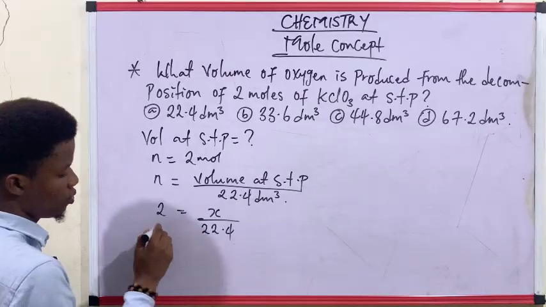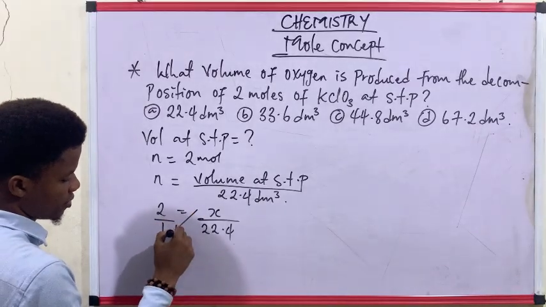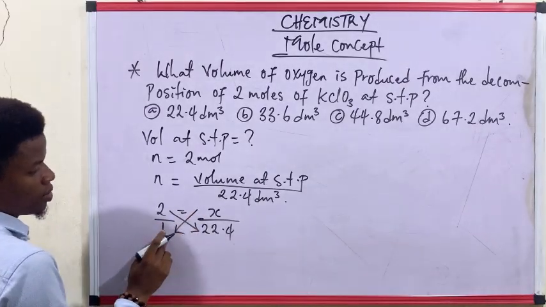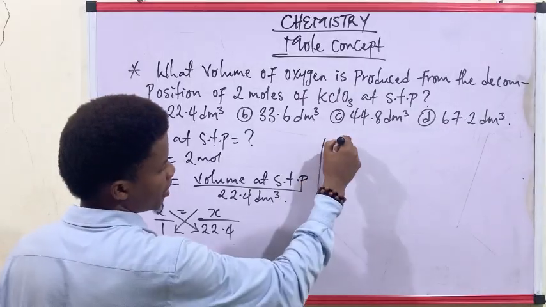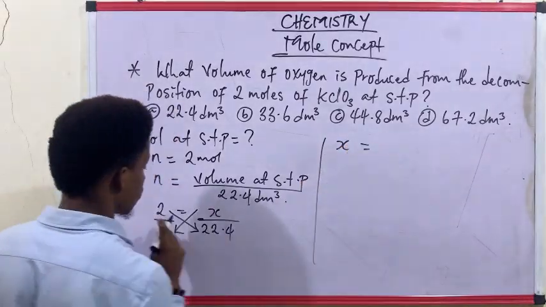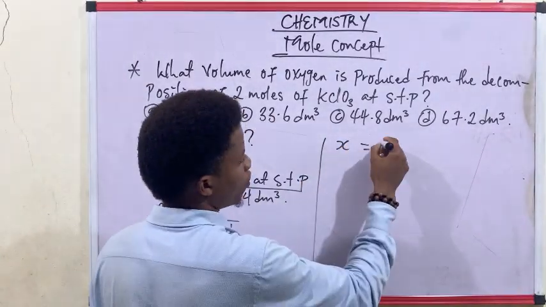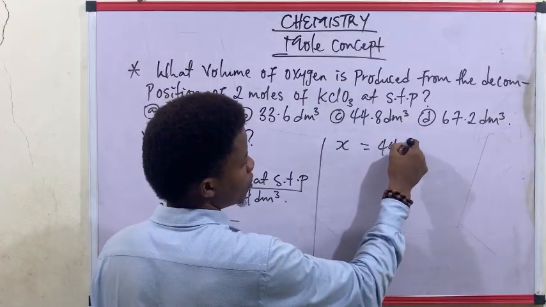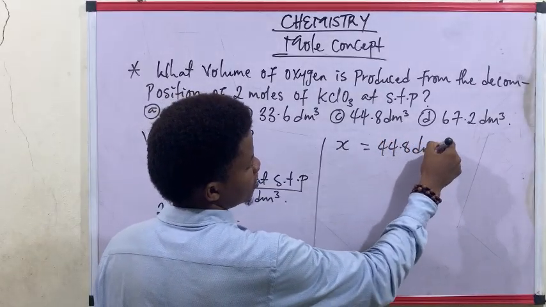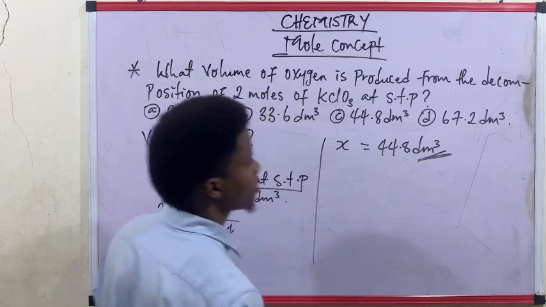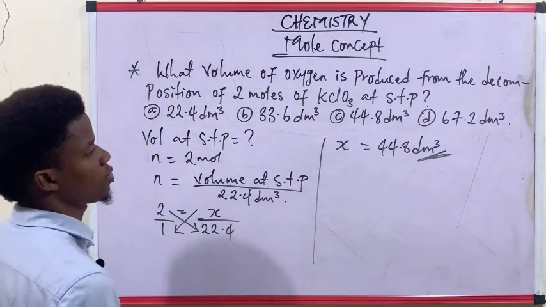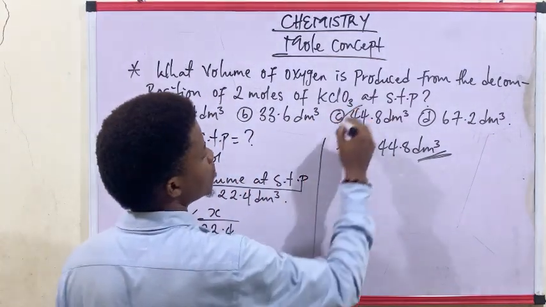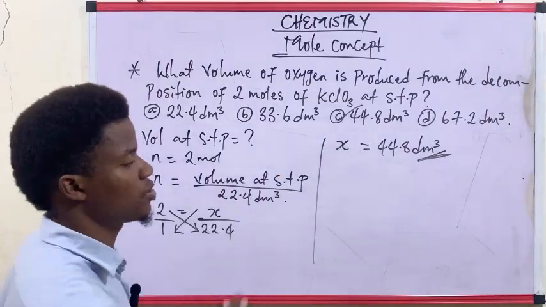So what do we simply do? Cross multiply. X times 1 is X, which is equal to 2 times 22.4. Obviously it is 44.8 dm cube. That's our answer. So therefore the answer to this question is option C.